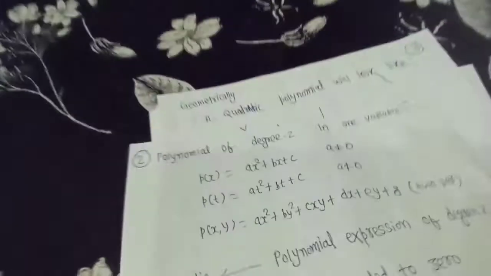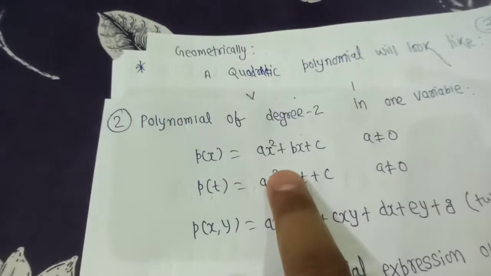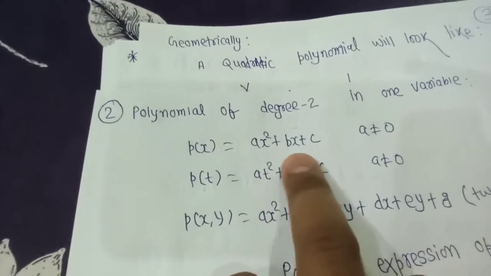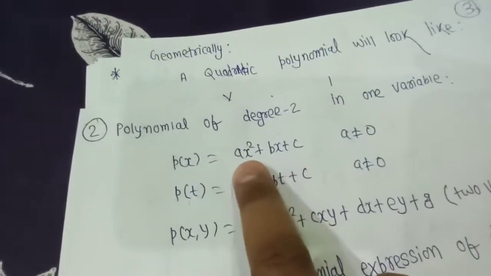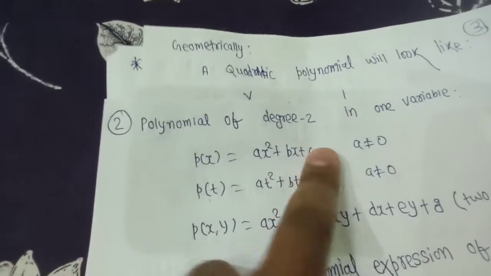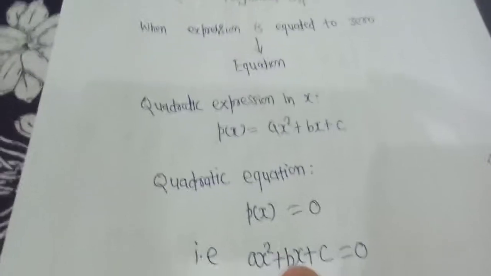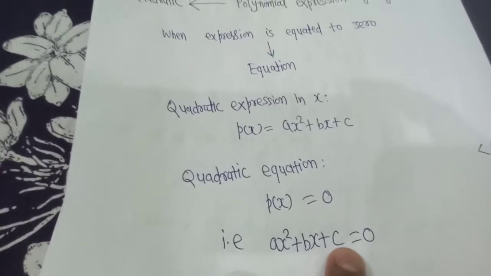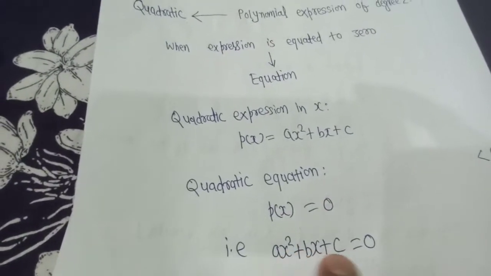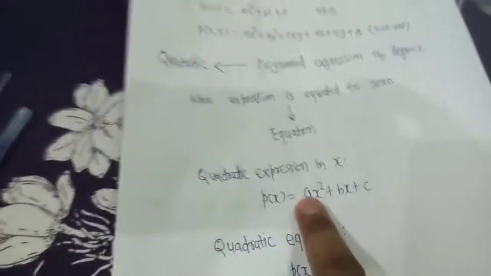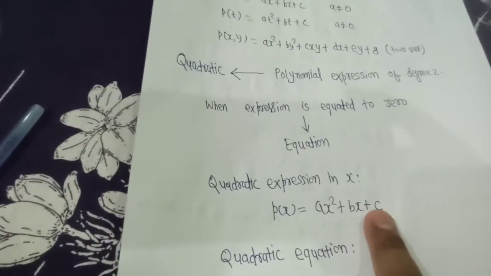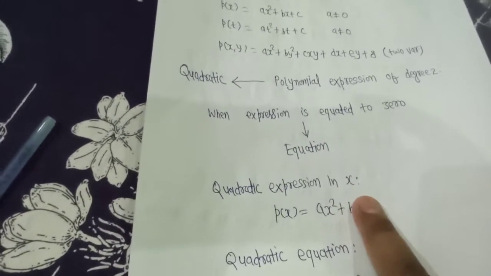So in general, a quadratic equation in one variable is of the form ax square plus bx plus c. When this expression is equated to 0, it becomes ax square plus bx plus c equals 0. So this is the quadratic equation. This is the quadratic expression in x.